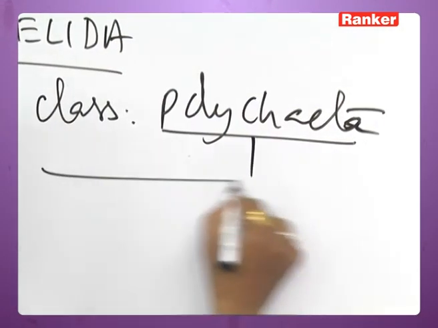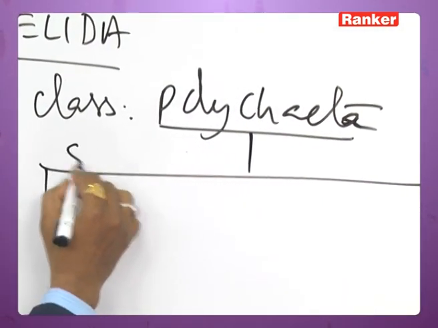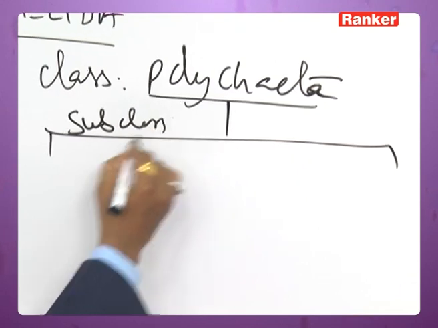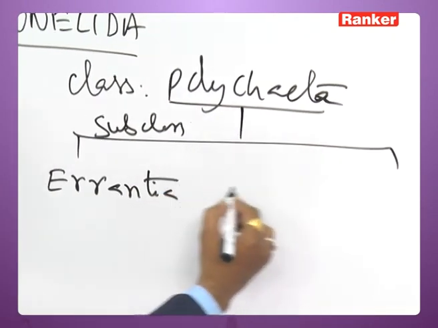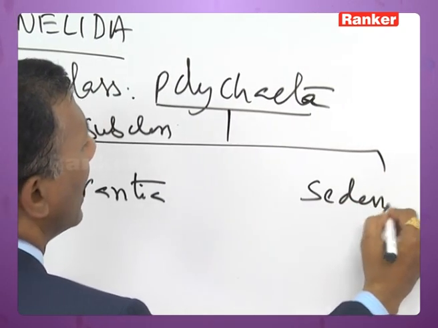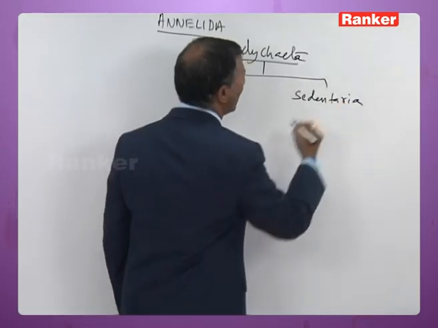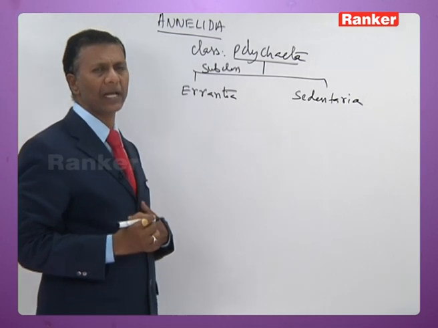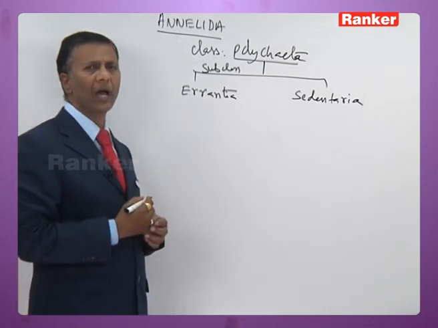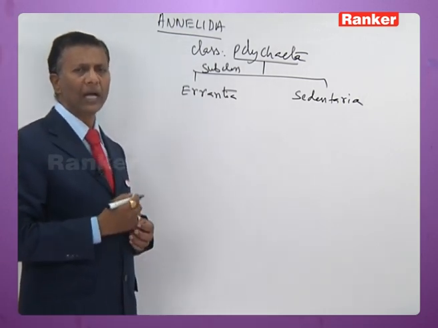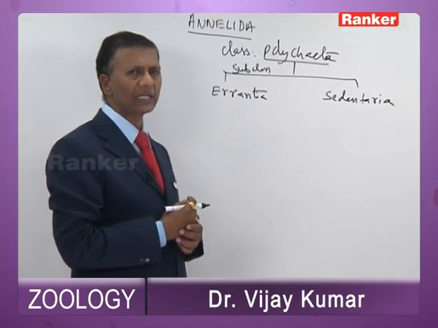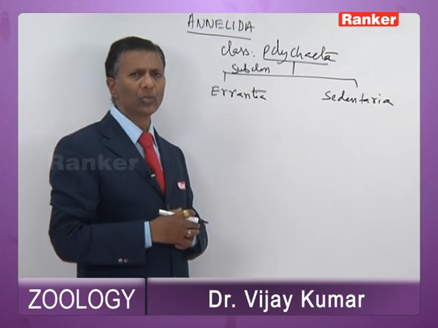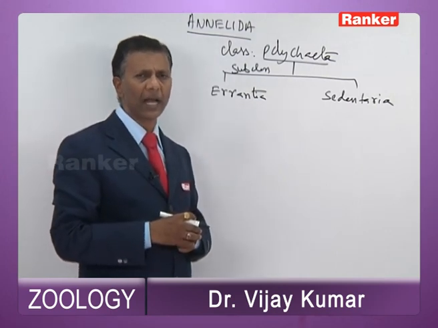Polychaeta is divided into 2 subclasses: subclass Errantia, subclass Sedentaria. Errantians are free-living worms and sometimes they live in temporary tube-like structures, whereas sedentarians live in permanent U-shaped tubes that are made in the sand.